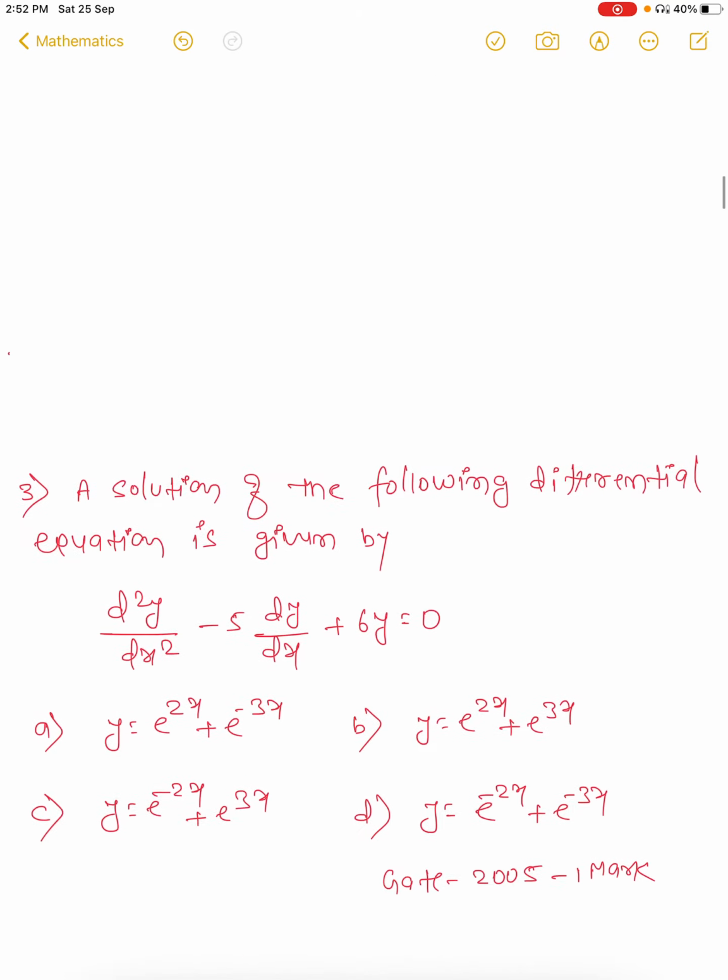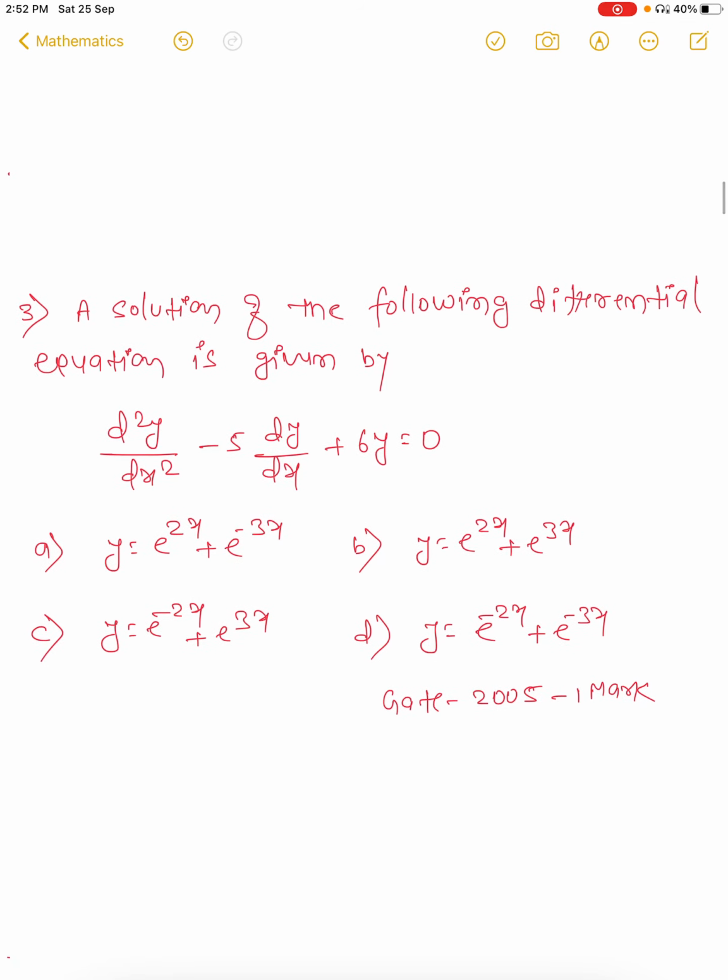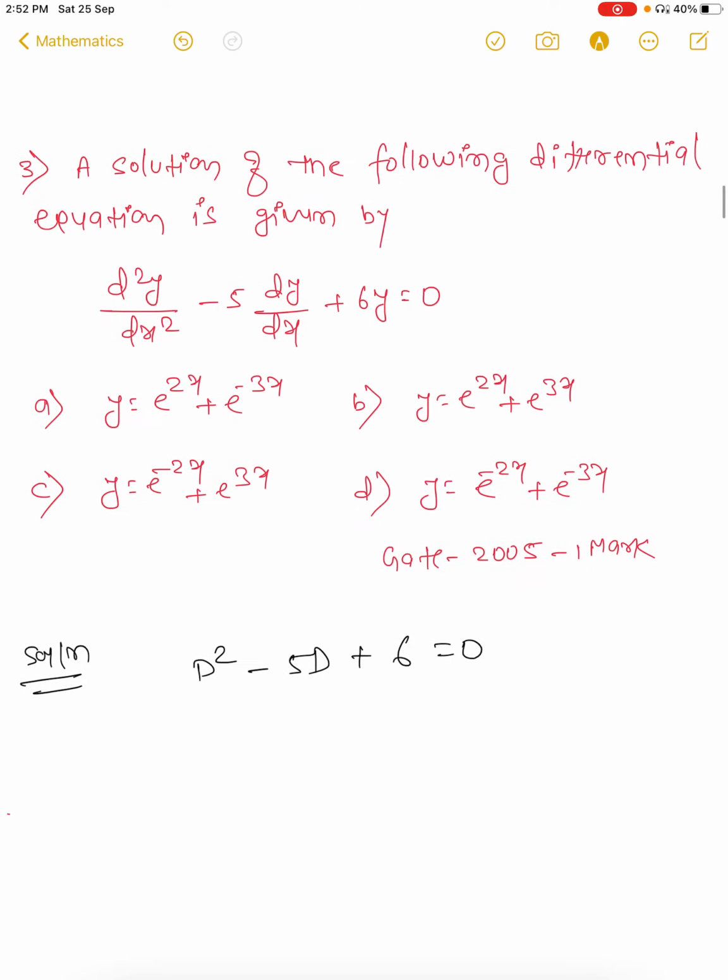Now comes the next question. A solution of the following differential equation is given by, first of all, D square minus 5D plus 6 is equal to 0. Converting to the auxiliary equation, it will be m square minus 5m plus 6 is equal to 0.